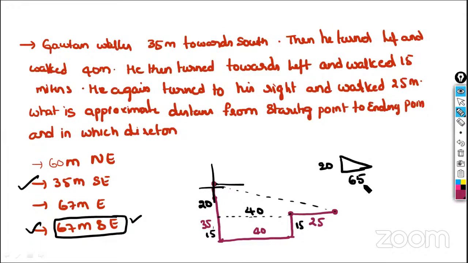So if you want the calculation, then 65 square plus 20 square. How many of you know 65 square without pen and paper? Is it possible? Without pen and paper. 4225. Okay. With pen and paper or without pen and paper?